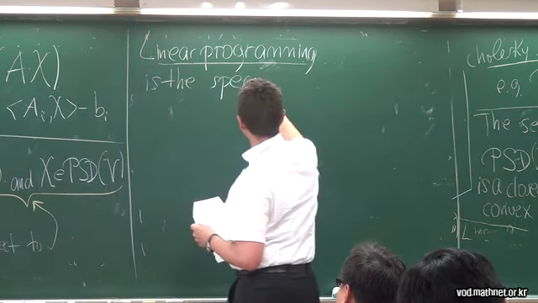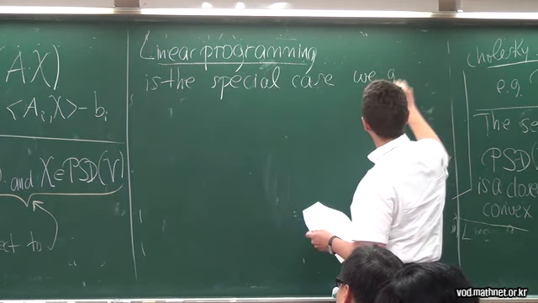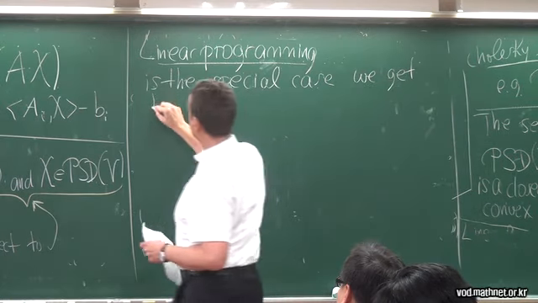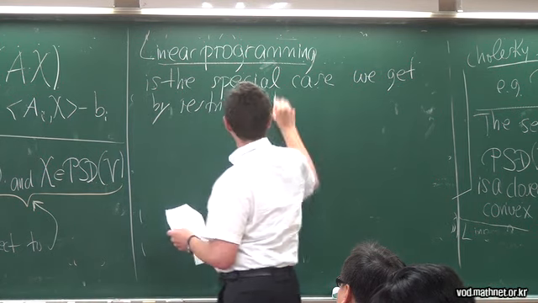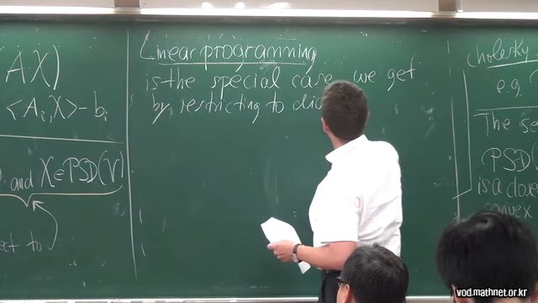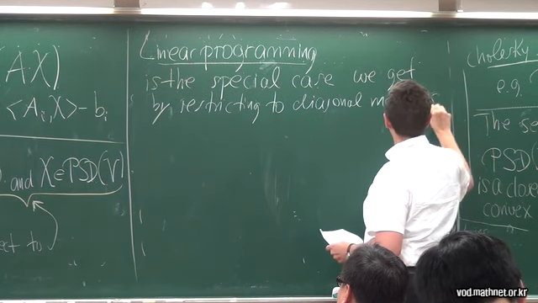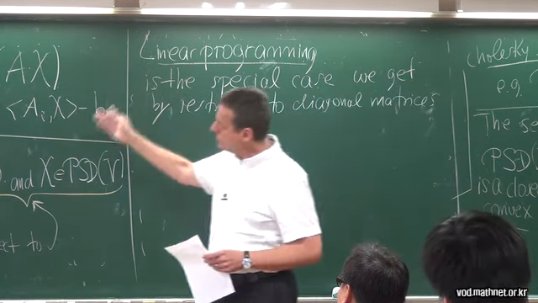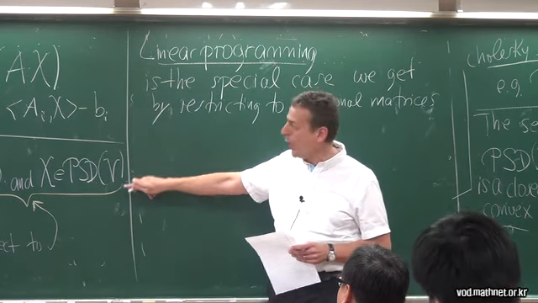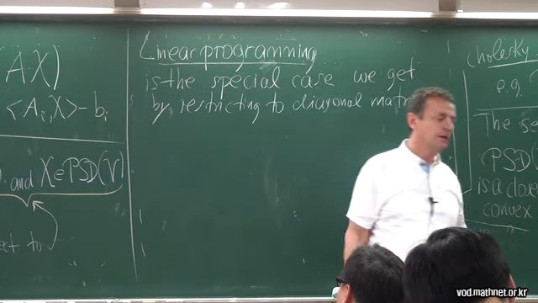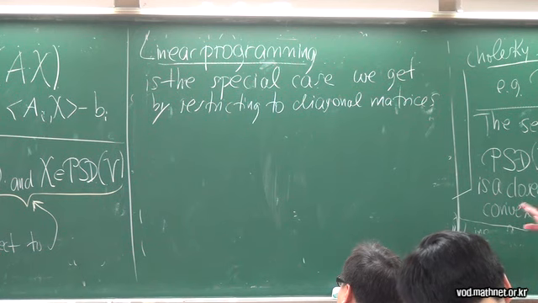It's the special case we get by restricting to diagonal matrices. Suppose all the matrices that are involved, the m plus 1 matrices involved here, are diagonal matrices. Suppose A1, for example, is a diagonal matrix.